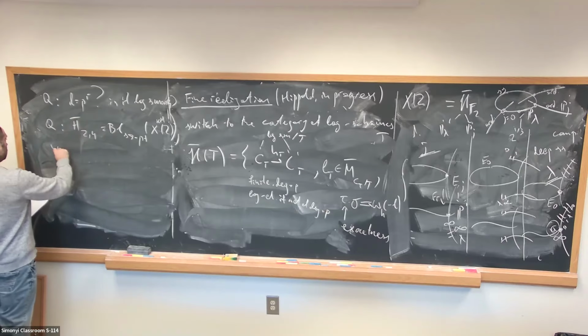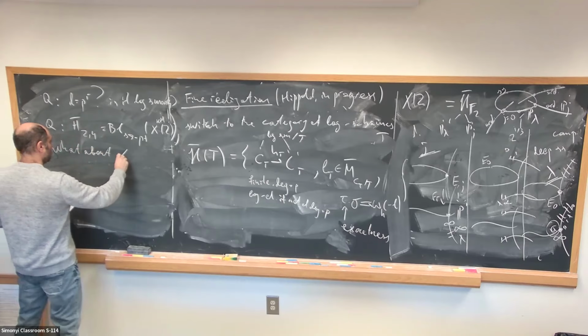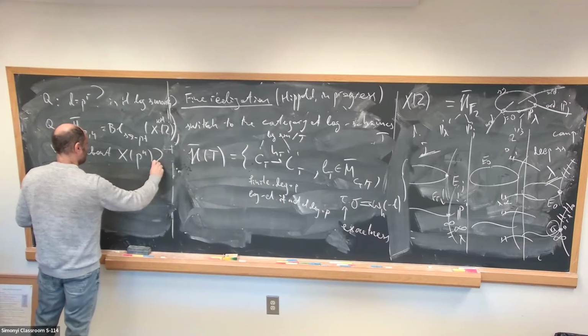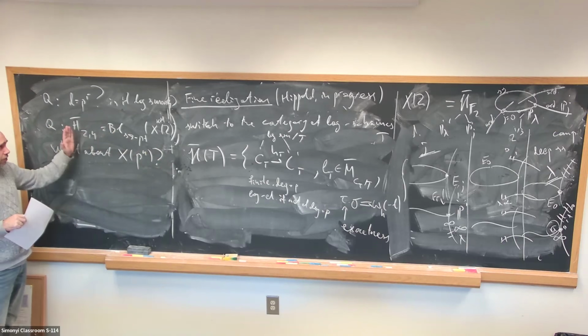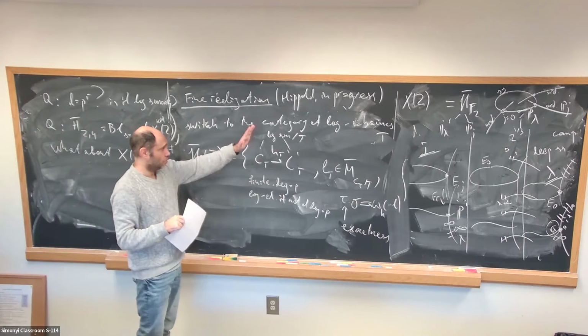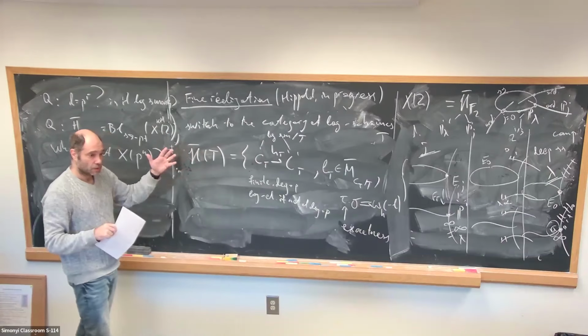So what about X of p to the n? That's what I want to discuss now, using the same idea and using the fact that we saw there is a good relation between Hurwitz and this.